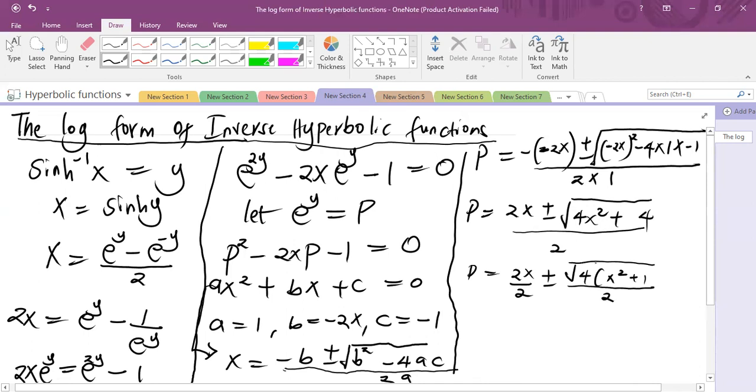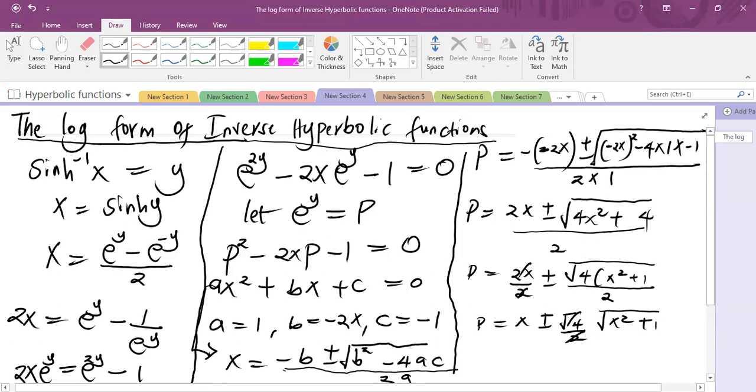Evaluating the square root of 4, we have p equal to x plus or minus 2 times the square root of x squared plus 1, all divided by 2. The square root of 4 is 2, so this and this will go.